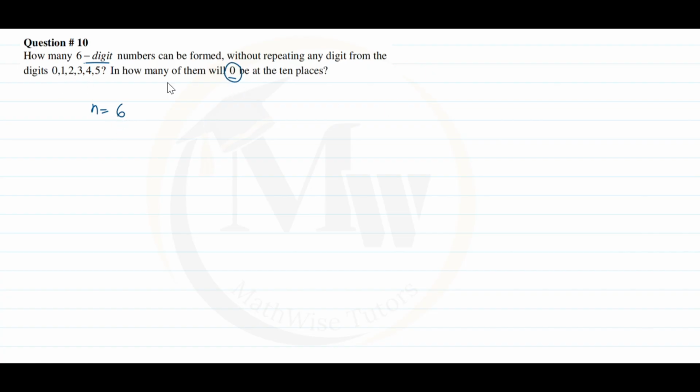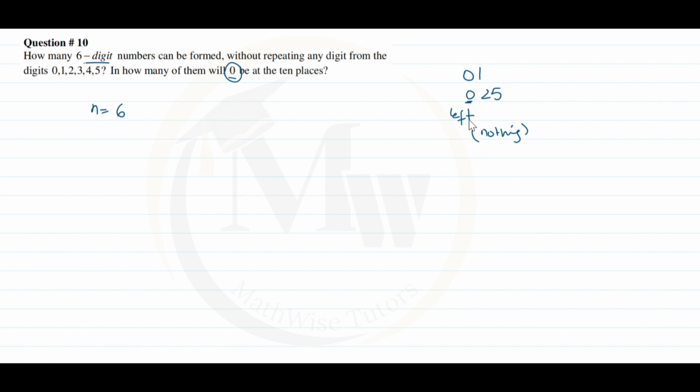Now we need to focus on this, the 0 number, because if you make any number, for example, you make 0, 1. 0, 1 means 1. 0, 5, 2, 5. 0 to 5 means it's just 25. So it means if you have the 0 at the left side, it is nothing. It is considered as nothing.